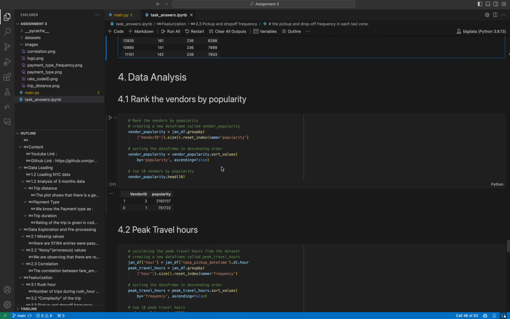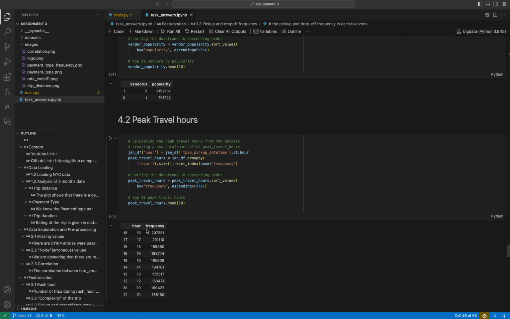In terms of data analysis, which is my fourth task, I looked at the vendors. Vendor 2 looks like the most popular vendor in terms of hiring the cab services. The peak hour of travel is 18, which is 6 o'clock, when after your meetings or after your work you want to travel somewhere.